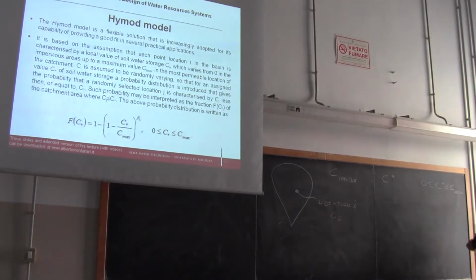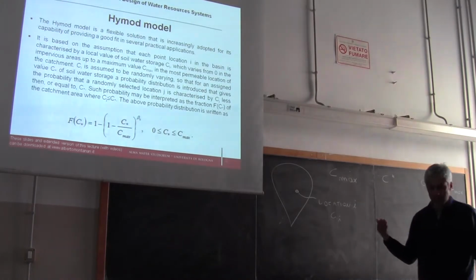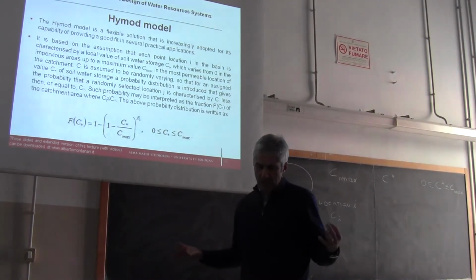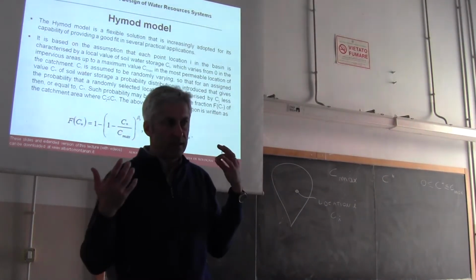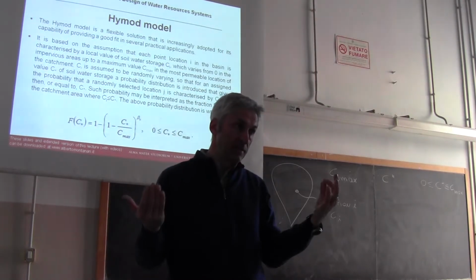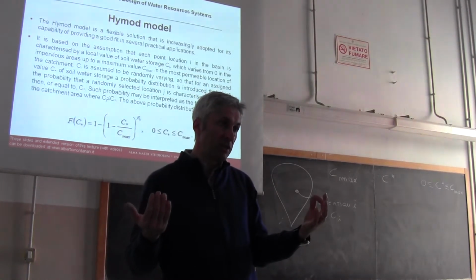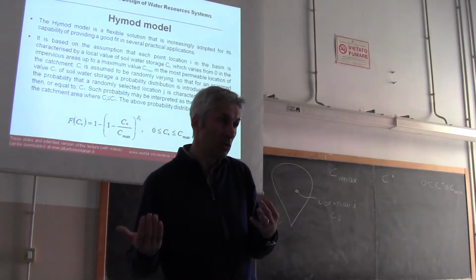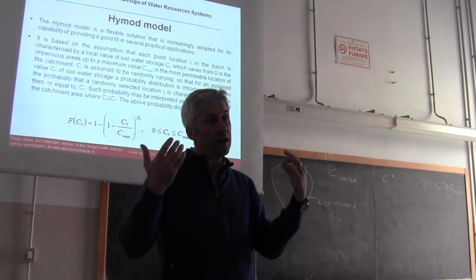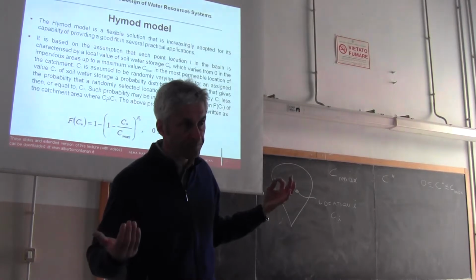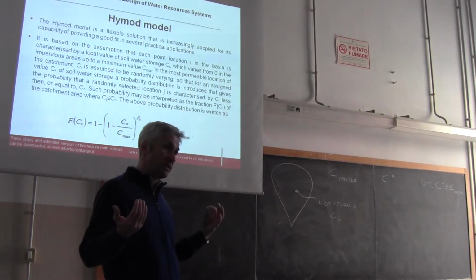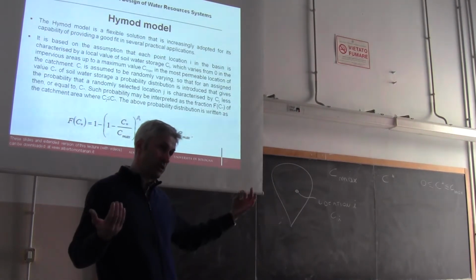So if we get this C star, which is in between 0 and C max, we can easily understand that there are locations, I repeat, in the catchment where the potential storage is lower or equal than C star, and other locations that are characterized by a higher potential storage.